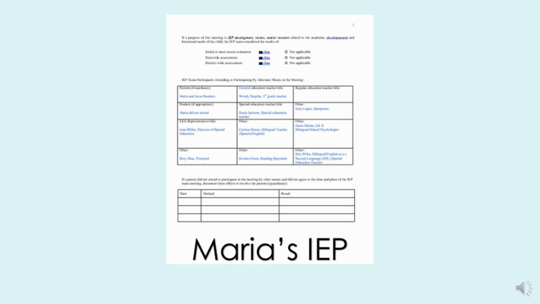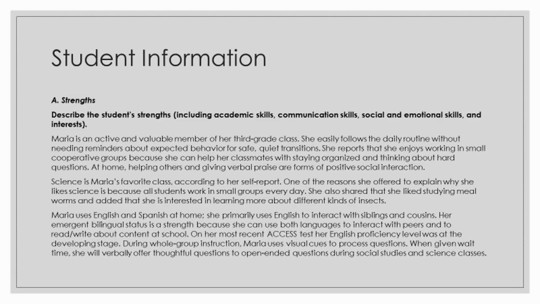Bilingual educators are also general educators, by the way, special education teacher, local education agency representative, which is somebody who has authority to make commitments to any financial decisions or obligations raised during the meeting, the school principal, the reading specialist, the school psychologist, and an interpreter because the parents requested a Spanish-English interpreter.